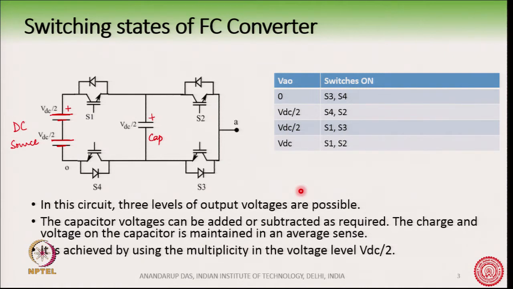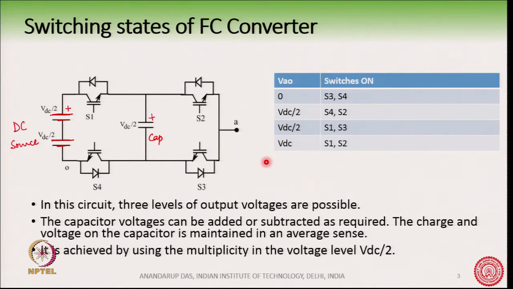So, if the current is flowing for a certain duration, we will charge up the capacitor, and for a certain duration we will discharge the capacitor, and this will be possible by using this state here. Only in this state, the VDC by 2 state, can the capacitor be charged or discharged, whereas in the 0 and VDC states the voltage on the capacitor has no effect.